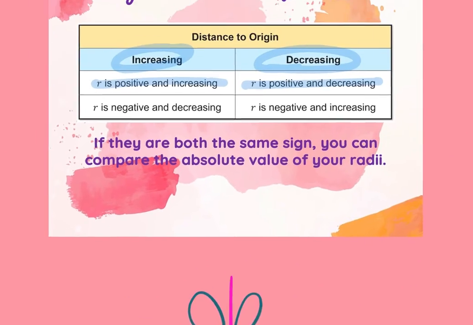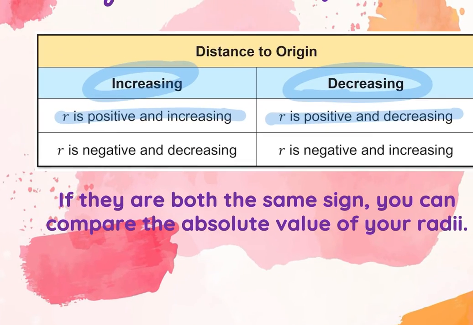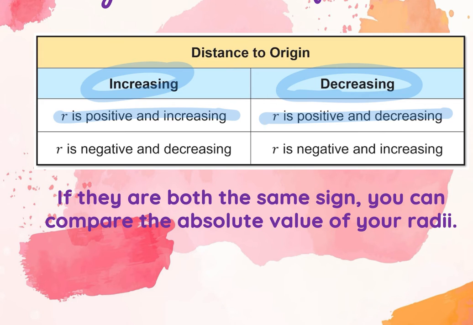So if you look at it, it should make sense. I would say these values are decreasing, but the distance from the center is actually what? Increasing, okay? So the smaller the negative, the further it is from your center, so then we would say the distance is increasing.